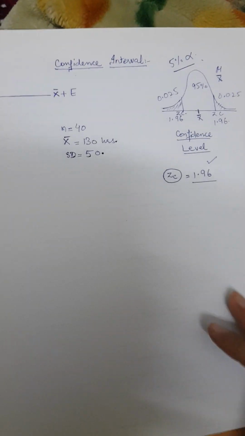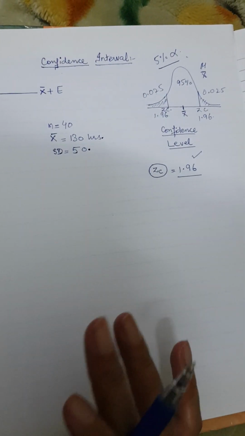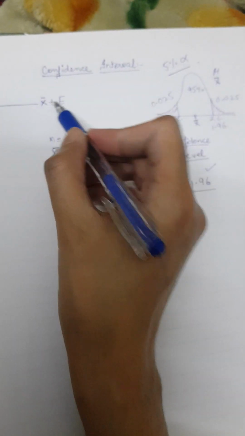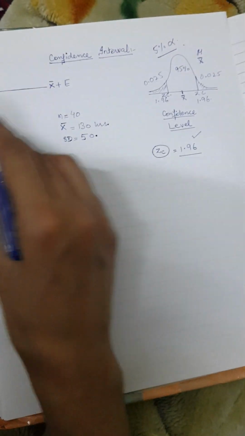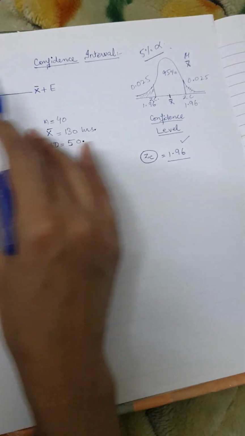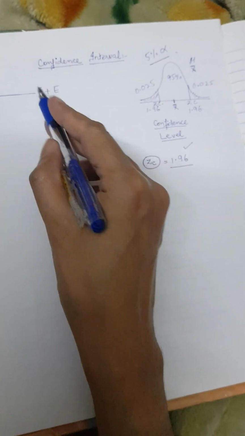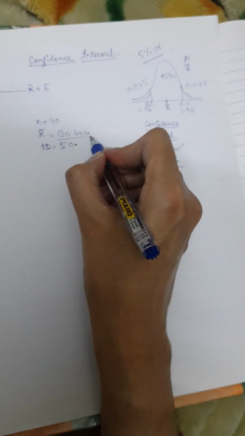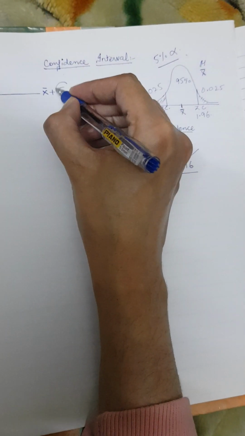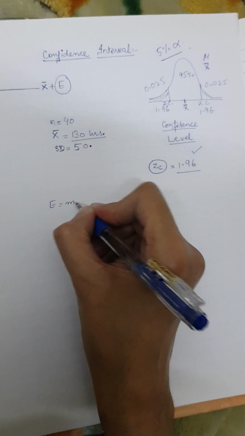So, now let's continue with our effort to find out what is confidence interval and how to calculate it. For our confidence interval, we need two limit values, the right limit and the left limit. For this, we already have the value of the sample mean, x bar, that is 130, and now we have to find out E, the margin of error.